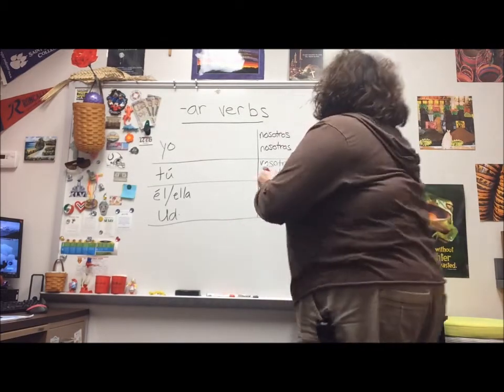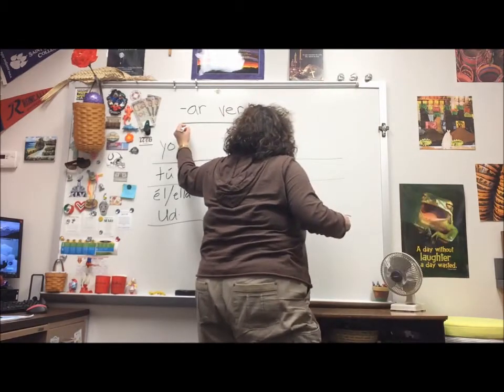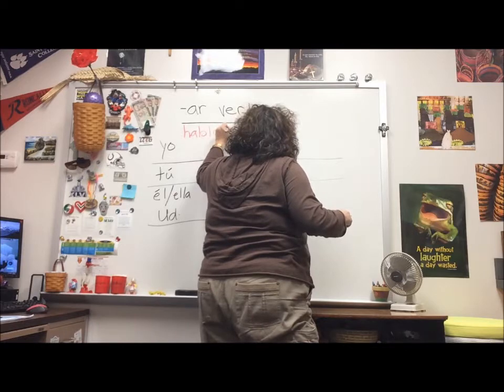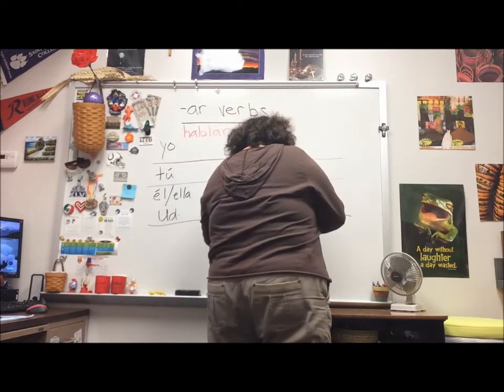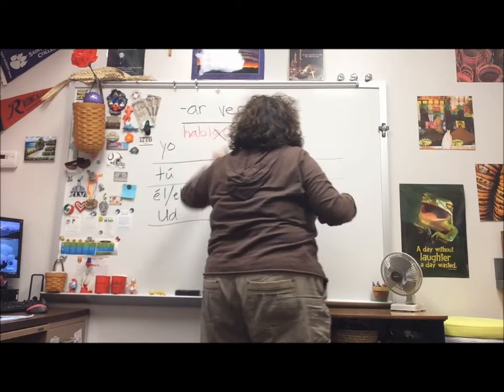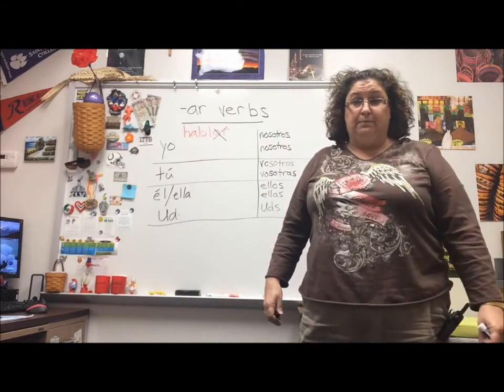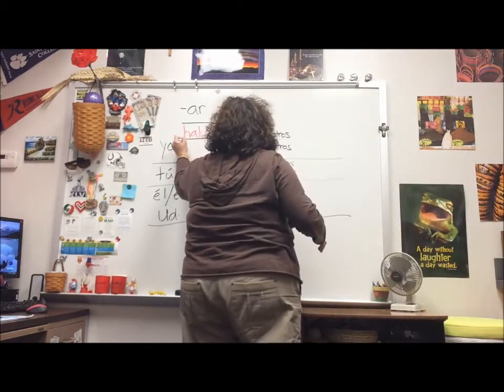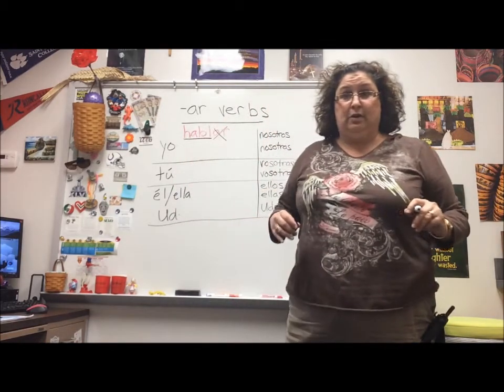We take our verb infinitive, hablar, and we are going to drop the AR. So all we have left is what we call the stem. And this is our stem. Okay?